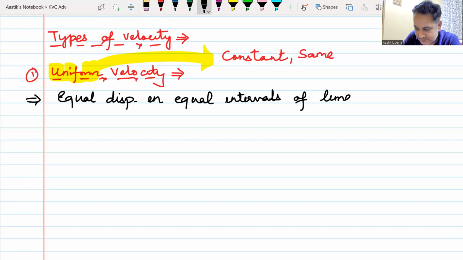Do we understand this? The particle has equal displacements in equal intervals of time. That is the first way you understand this.